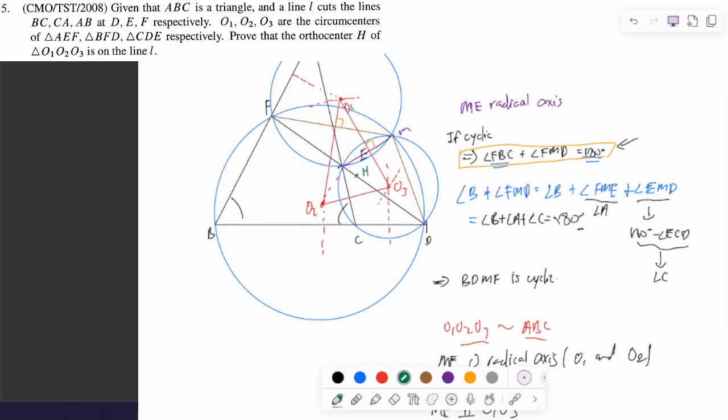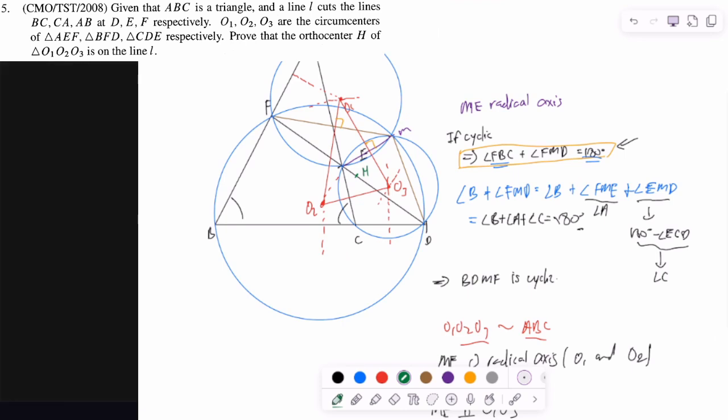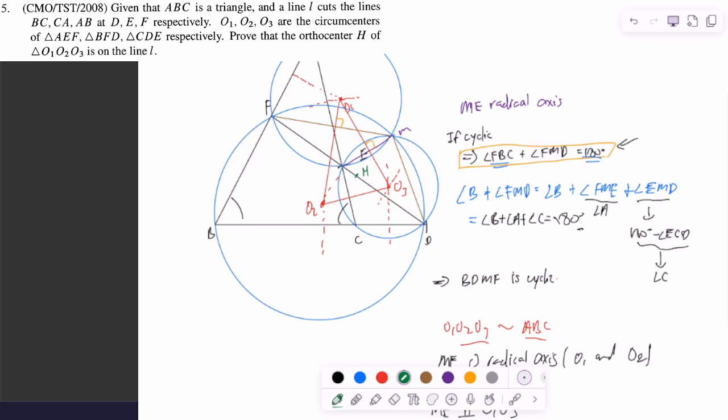I'm just going to take this from the answer sheet that I have. Let me snip the diagram and send it over.